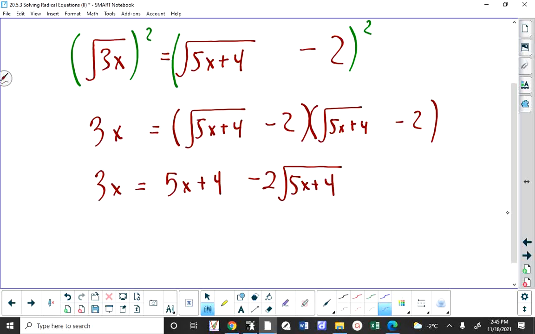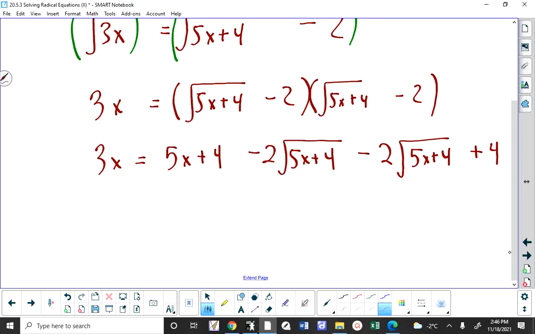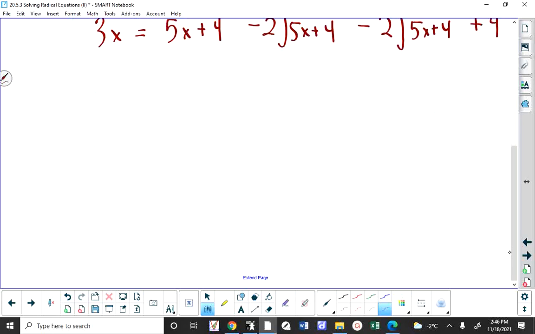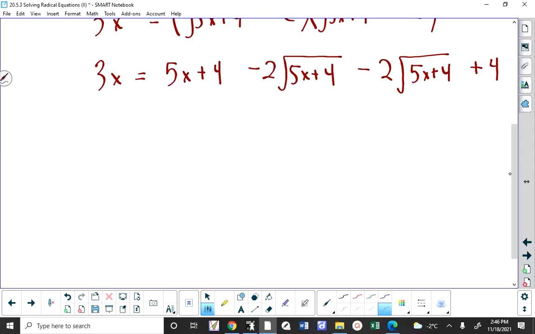That's fine. I'm just doing this because not everybody would be able to track that in one step. And then my last is negative 2 times negative 2, which is plus 4. This is negative 4 root 5x plus 4.